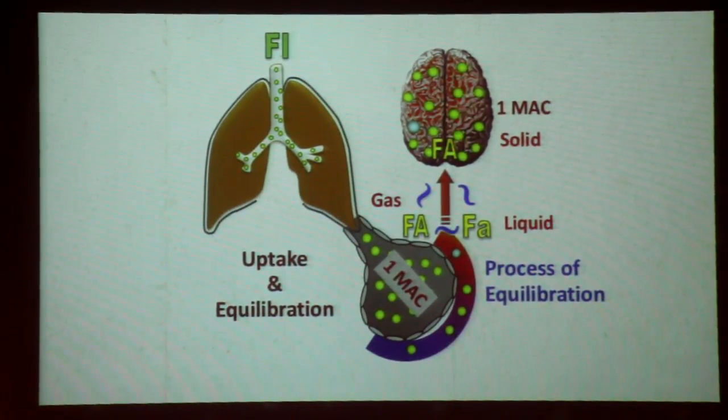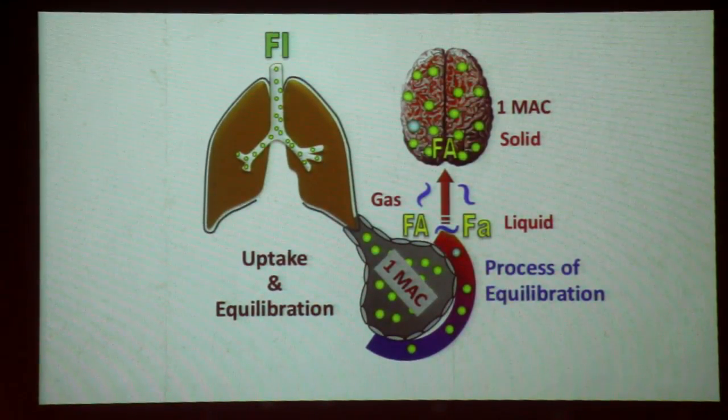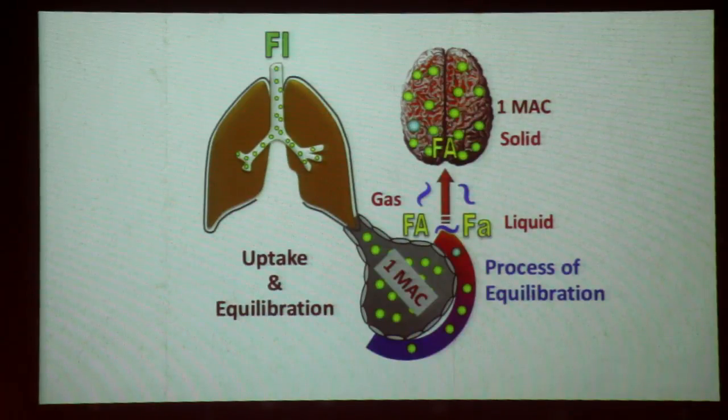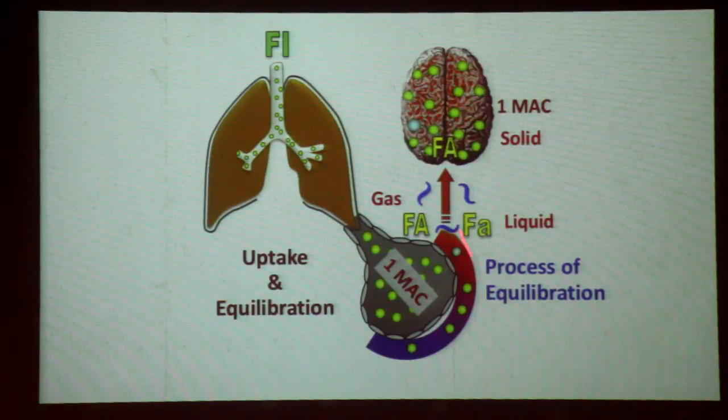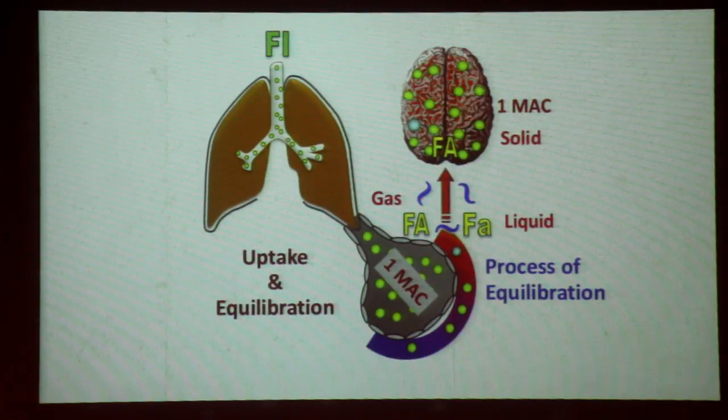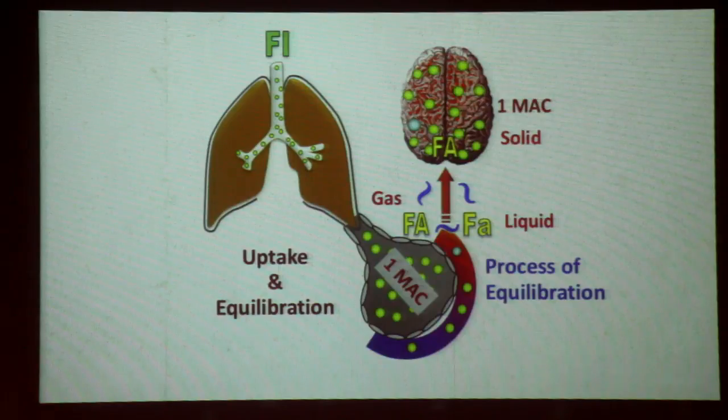It means that the partial pressure, remember partial pressure, of the volatile agent is equilibrated across the alveolus and blood, and across blood and tissue. It's not the concentration. The concentration at which partial pressures are equilibrated is what is defined as a steady state. That's the steady state of anesthesia.